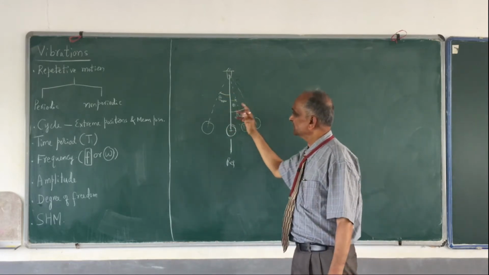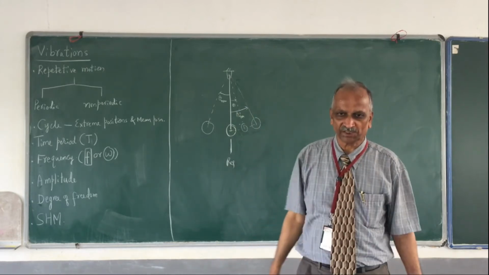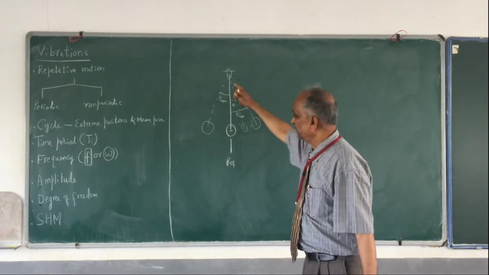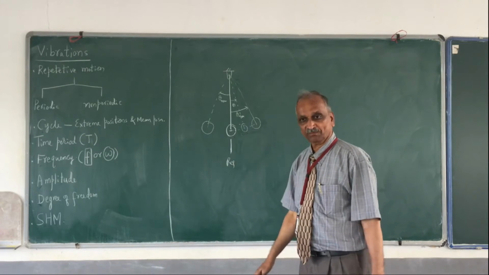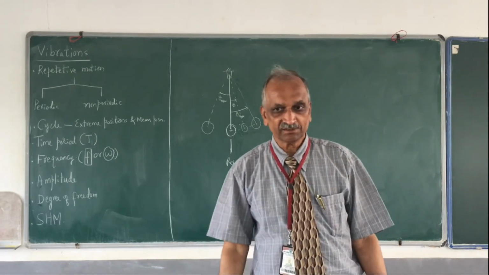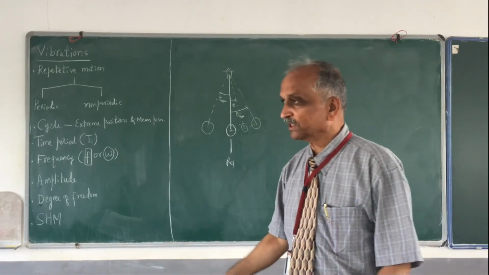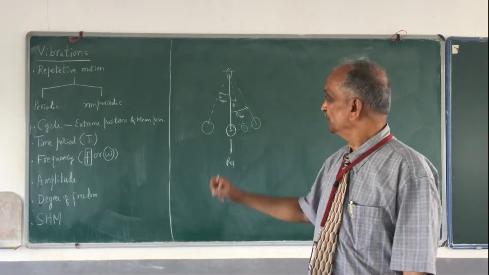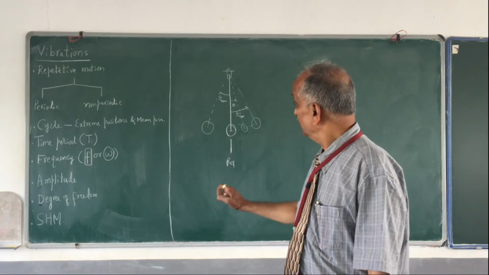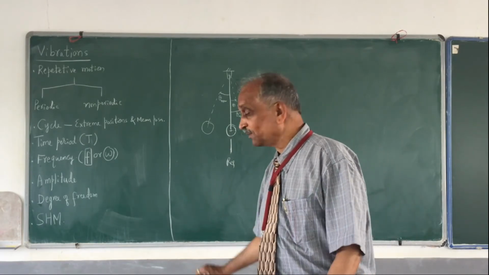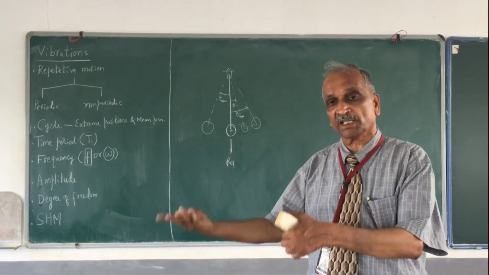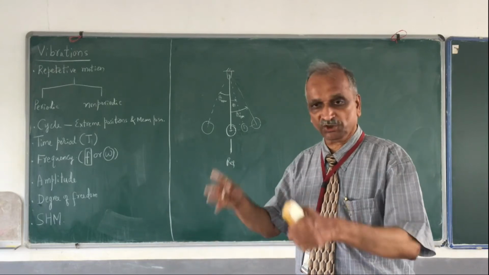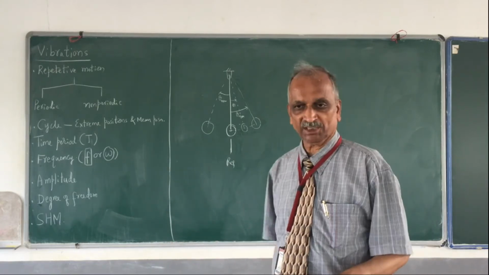So this theta is nothing but the displacement. Displacement from where? From the mean position on any one side. That displacement is maximum. The maximum displacement on any one side of the mean position is called the amplitude.